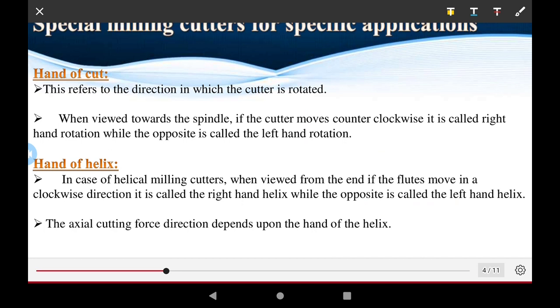Thus, the axial cutting force direction depends upon the hand of the helix angle.